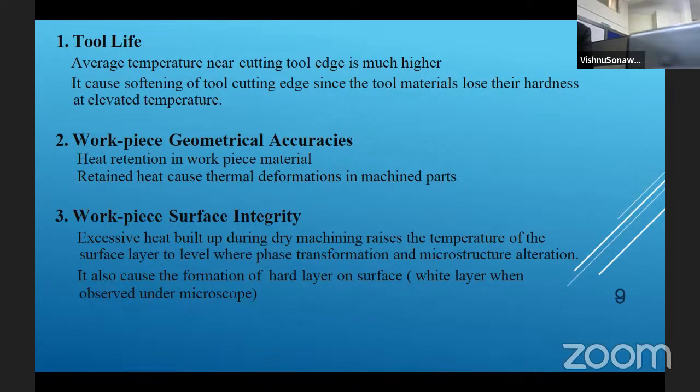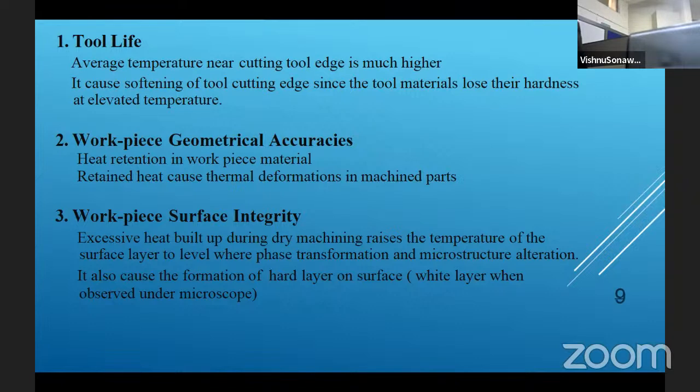Due to the deformation of the workpiece material, the thermal deformation of this material, and due to the heat retention in this work material, the white layer or the hard layer is obtained on the surface when you are viewing through the microscope. This is the workpiece surface integrity.